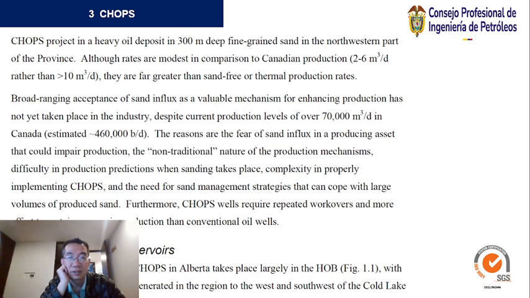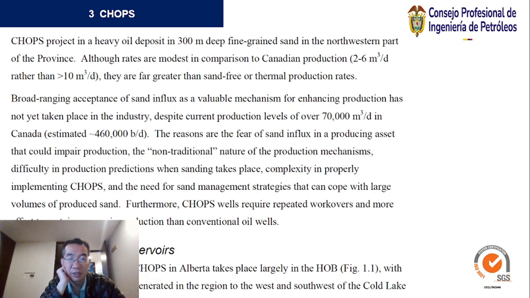The reasons are the fear of sand influx in producing assets that could impair production, the non-traditional nature of the production mechanisms, difficulty in production predictions when sanding takes place, complexity in properly implementing CHOPS, and the need for a sand management strategy that can cope with large volumes of produced sand.